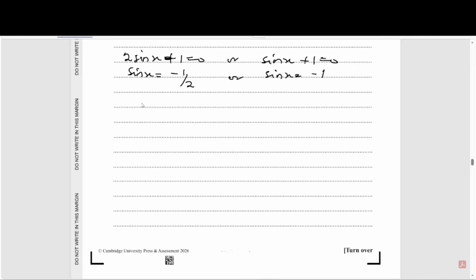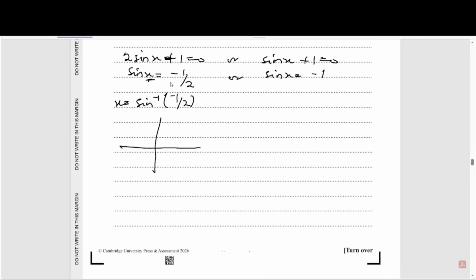So let's find for the first one, x is equal to sine inverse of negative 1 over 2. So what I would have you do is that you're going to punch sine inverse of half instead of negative half, and then you write down the value. Okay. Then you find out which quadrants you are going to find a solution. So let me draw that over here. Because sine of x, we are looking for x as an angle.